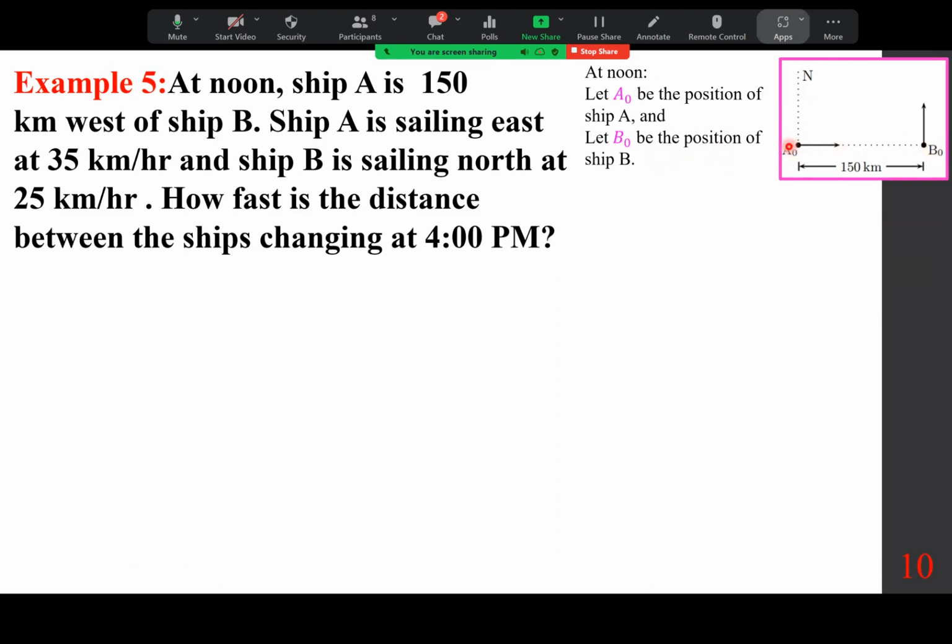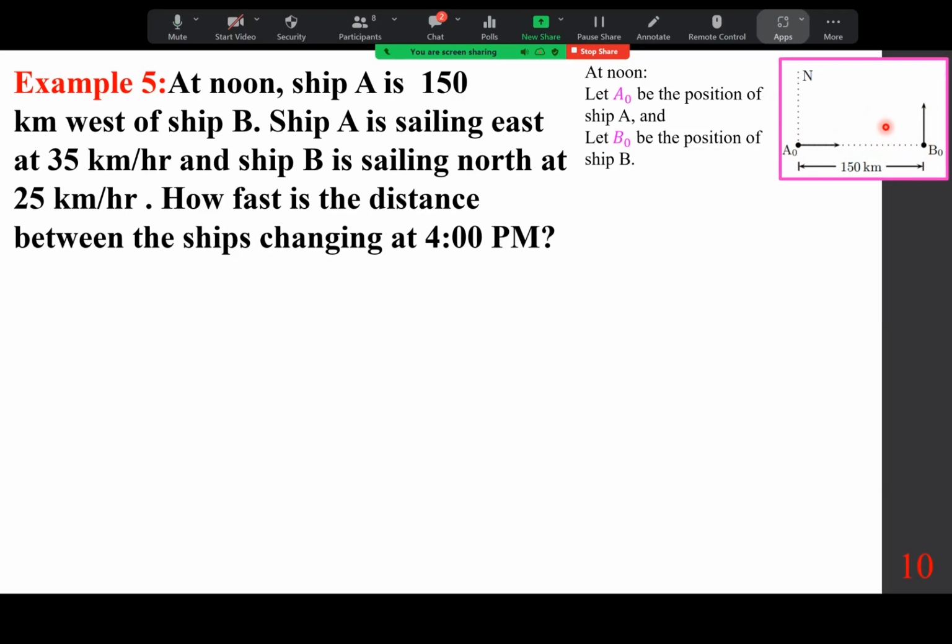We know A is moving this way, B is moving that way, right? A is moving east, B is moving north, and they have a distance of 150 to begin with, which is going to be changing because we are moving in these directions. So that's the initial condition, if you will.